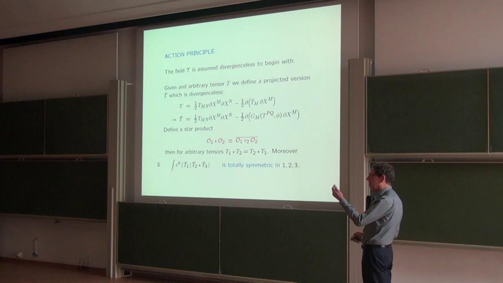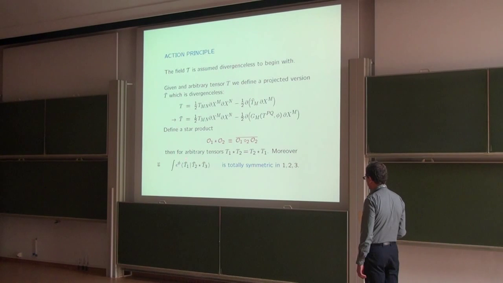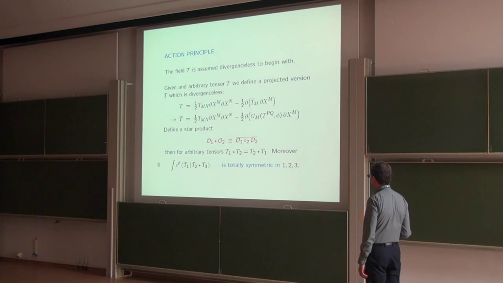OPEs are not necessarily symmetric. They don't lead to symmetric products. So by the time you do these operations, it happens to be symmetric. Moreover, a quantity of this form, an integral of the dilaton times the inner product of a tensor and the star product of two tensors is totally symmetric in 1, 2, and 3.